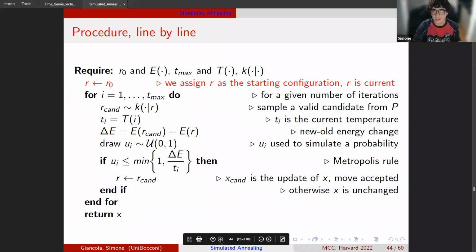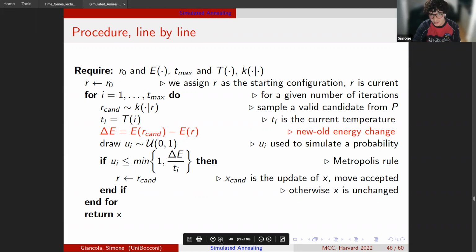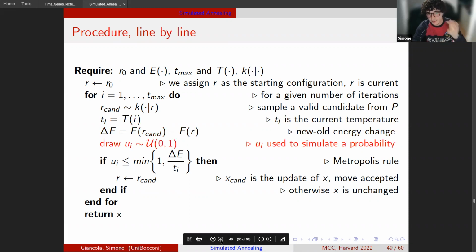R is the random configuration which we start from. For a number of iterations, we sample a candidate which is valid from the proposal matrix. We extract the temperature from the schedule function and evaluate the change in energy. This is just used to sample, to simulate the probability.